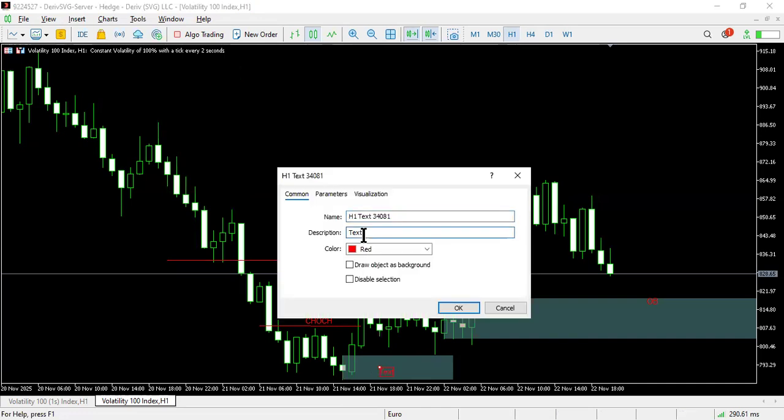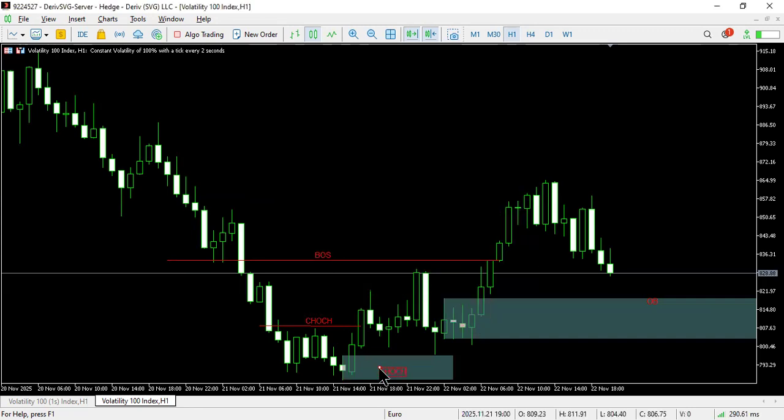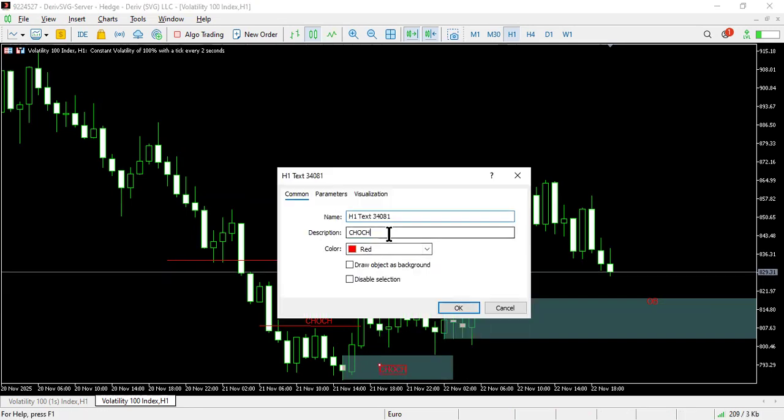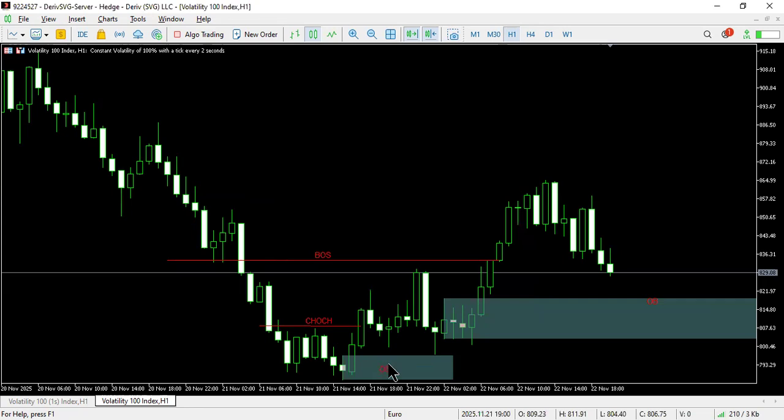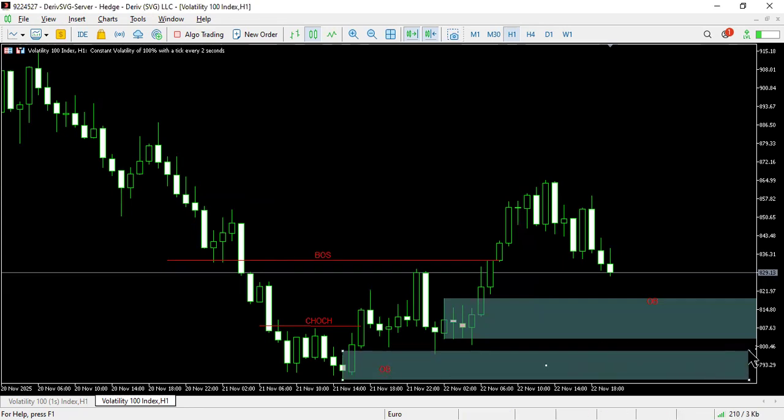That is the order block which caused the change of character. And it looks like price did not mitigate this order block, which caused the change of character. So that one can also become our point of interest. So we are going to be watching these two levels.